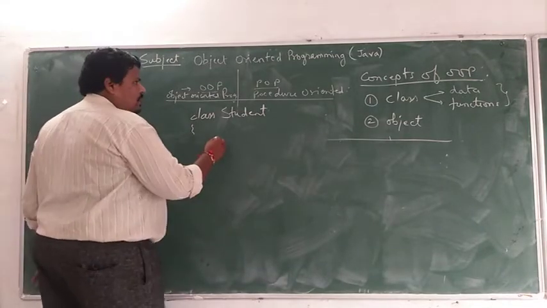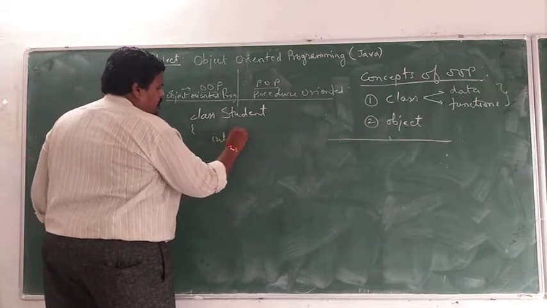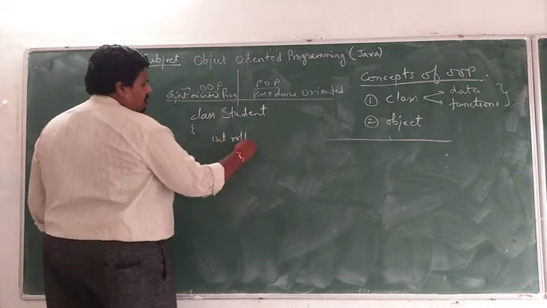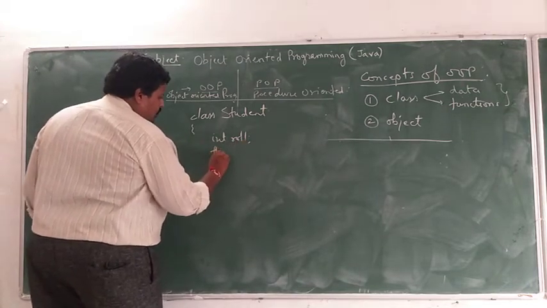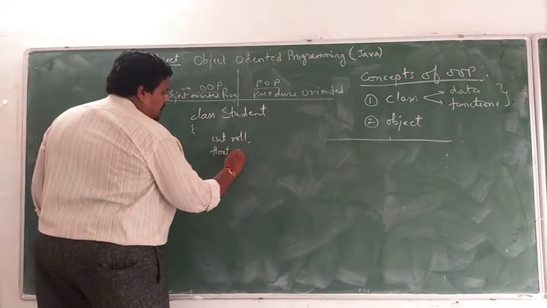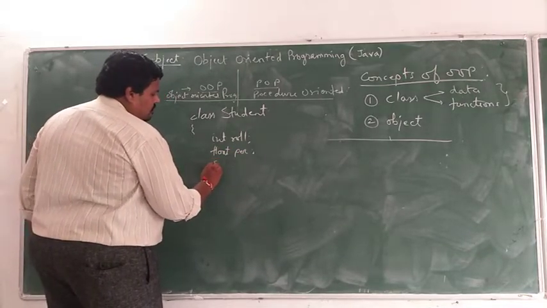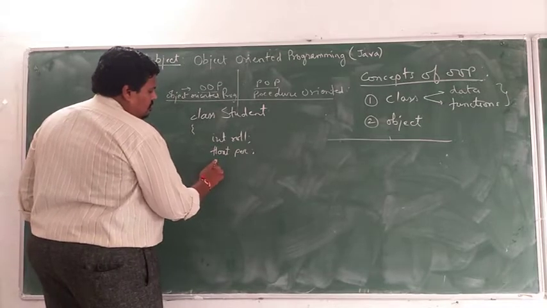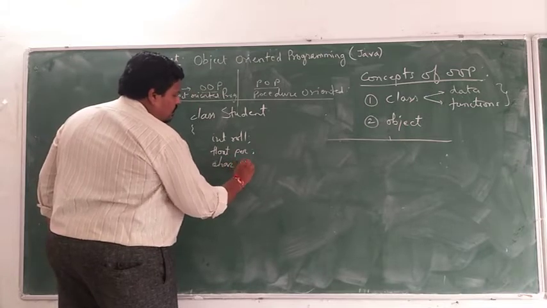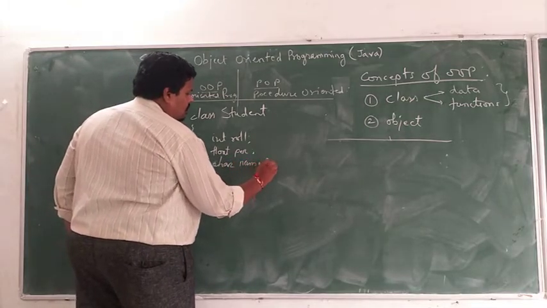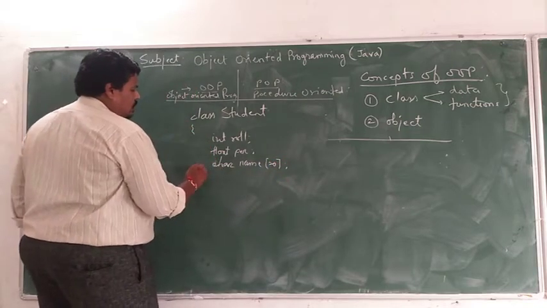So it can include data like int, the roll number of a student, then a float value, percentage, then it can store characters, the name of the student, and so on.